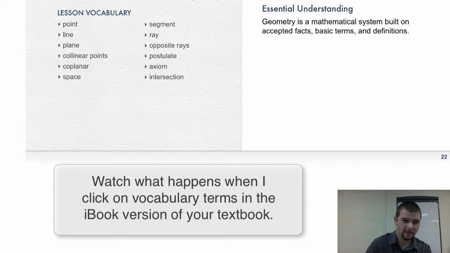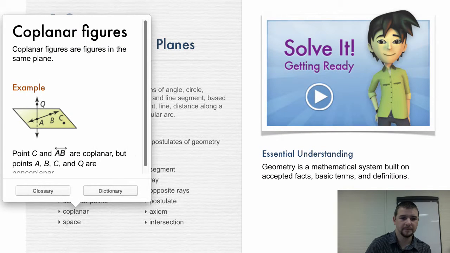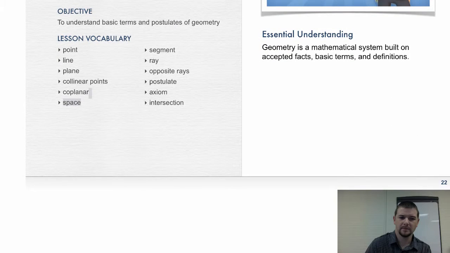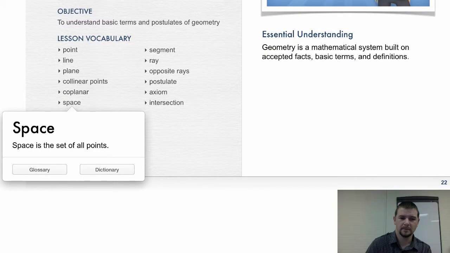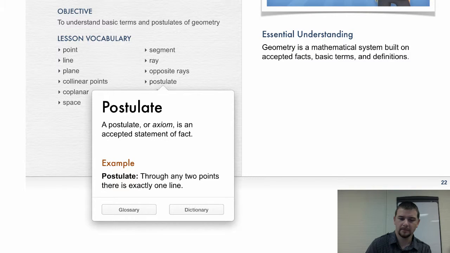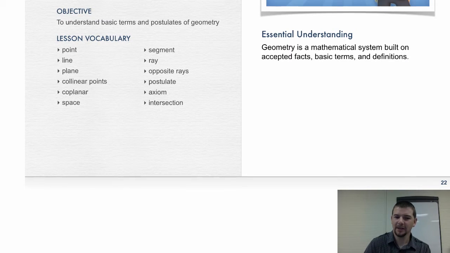Collinear points, coplanar, space, a segment, which we often refer to as a line segment, ray, opposite rays, postulate, axiom, intersection, and an essential understanding.